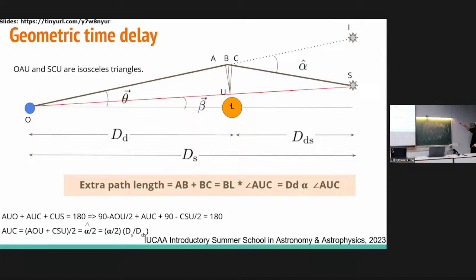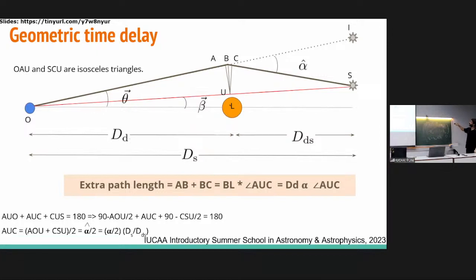So there is a source here again. This diagram you're used to, right? Now, what we are going to calculate is the difference in the path length between the direct path, like this red line, and the circuitous path that the light takes. This extra path length will just be equal to AB plus BC, where I've constructed isosceles triangles.